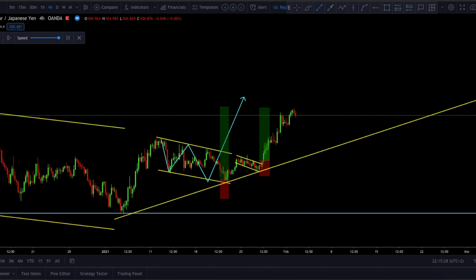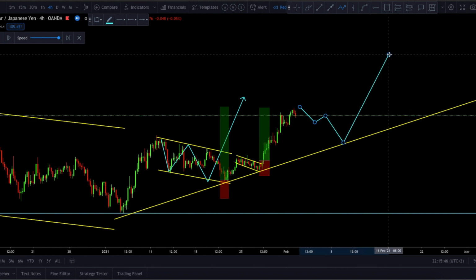Then, the reason I put this trend line that connects these two is because what could happen is it could easily come down to this trend line like this, come here, and then keep on pushing up. So I know when it comes to this trend line, I'll have to put a buy order again.